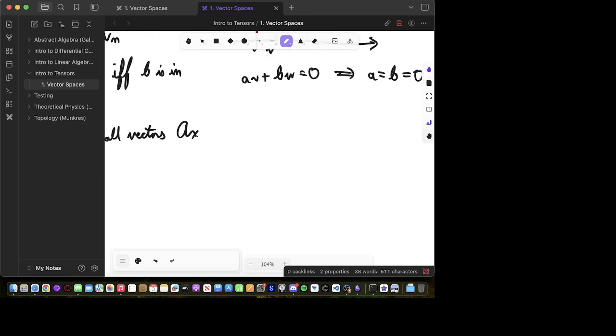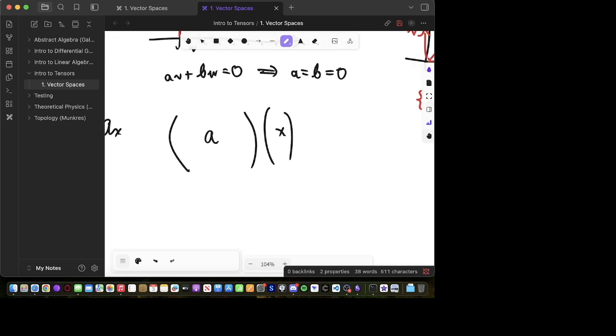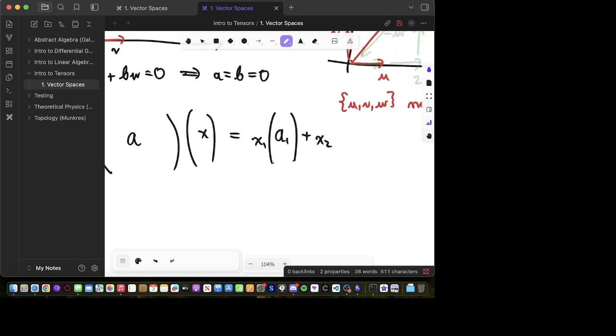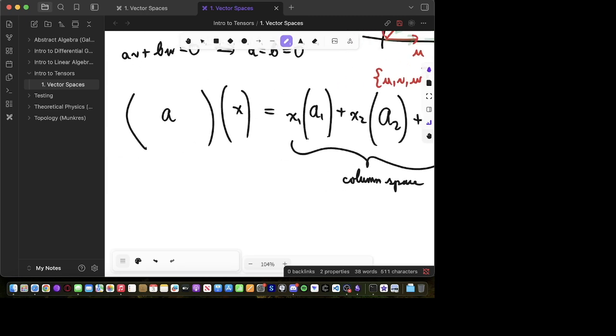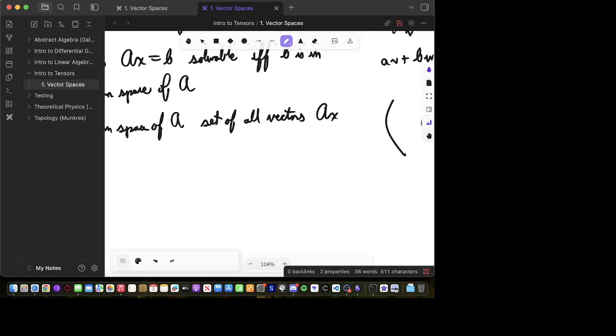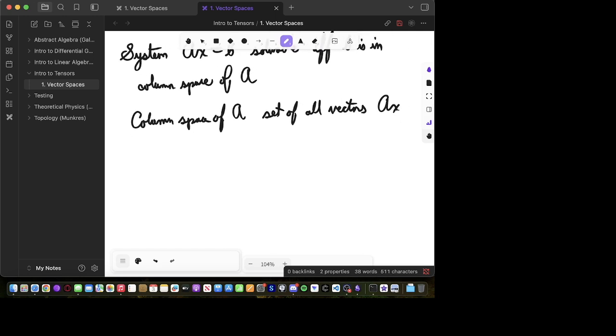Because if you think about it, let's say we have A and then we have X, you can see this is clearly in the column space. So that's a very rough outline of how I come to this conclusion.